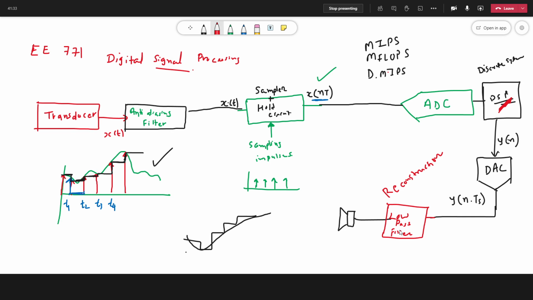You know it very well. You also know how to convert the given mathematical form of continuous time signal into the discrete time signal.